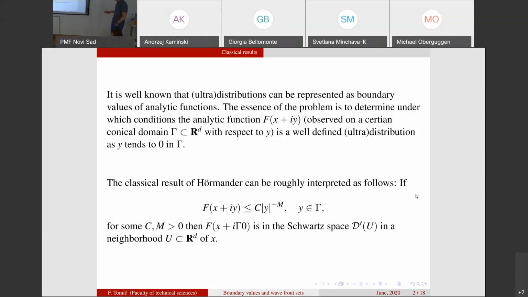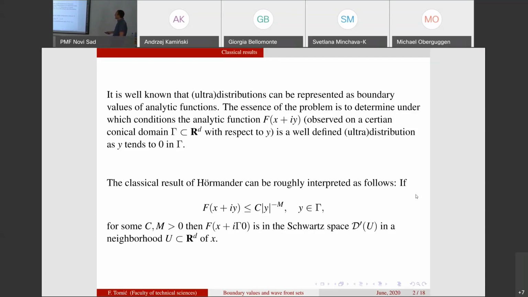This here is the classical result of Hörmander, which says the following: if f is an analytic function and satisfies this type of estimates, again if epsilon is in gamma, then this denotes what happens when we send epsilon to 0.